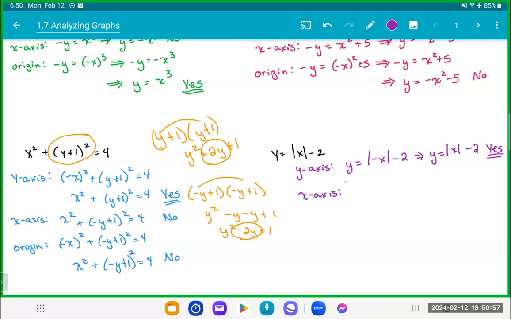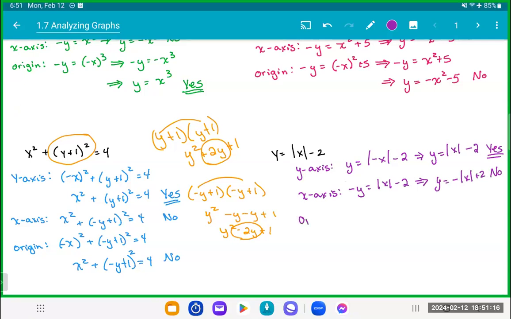For the x-axis, we're putting in negative y equals the absolute value of x minus 2. And so that would translate as y equals negative absolute value of x plus 2. And that is not the same equation.